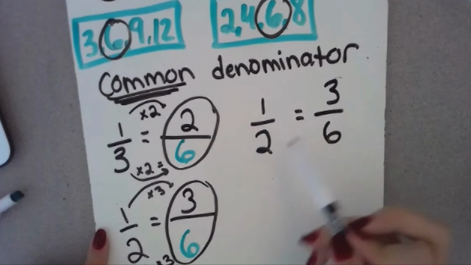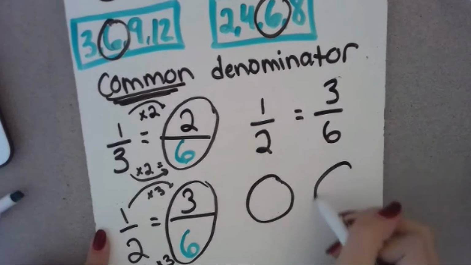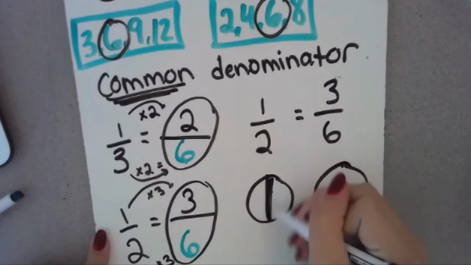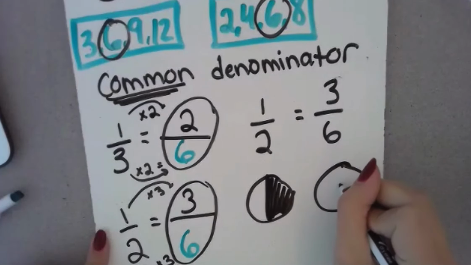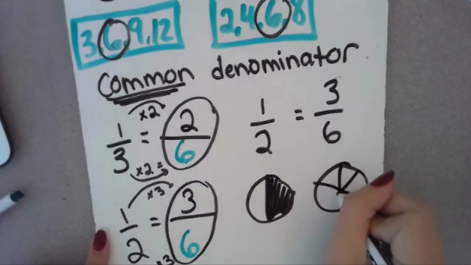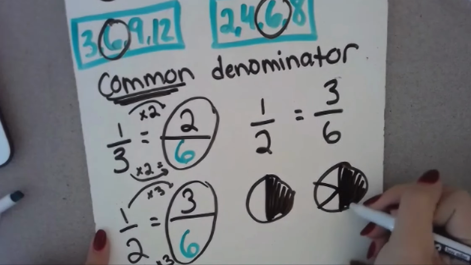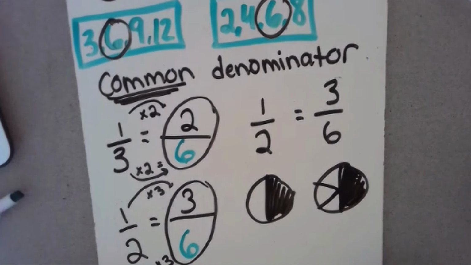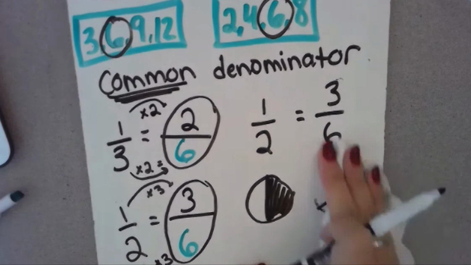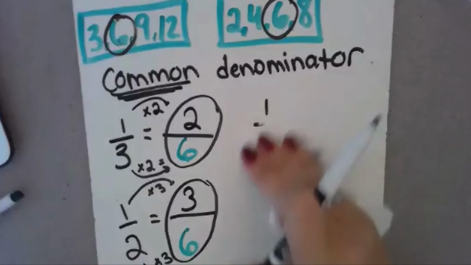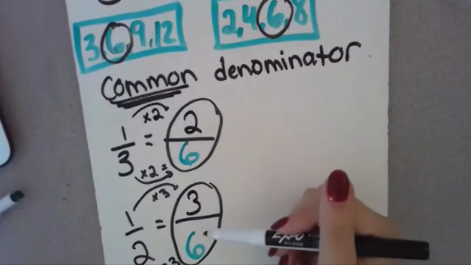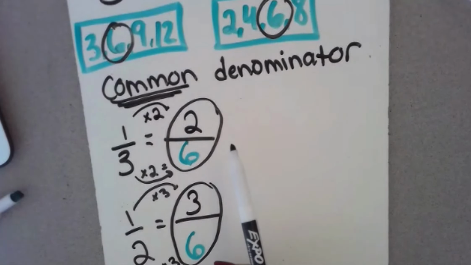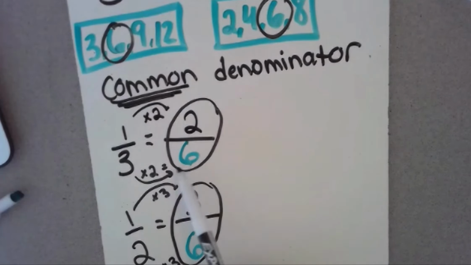So I'm trying to claim that 1/2 is the same as 3/6. Some of you may already see that. That's okay. Here's 1/2. Then here are my sixths. And I need to color in 3 of them. Have I again colored in the same amount of each circle? Awesome. Thank you, Isabella. Thank you, Annalise. Great. So right now I've just proved to you that these are the same fractions. They just look different. They are equivalent. In fact, if you were to take 2/6 and simplify it, you would get 1/3.